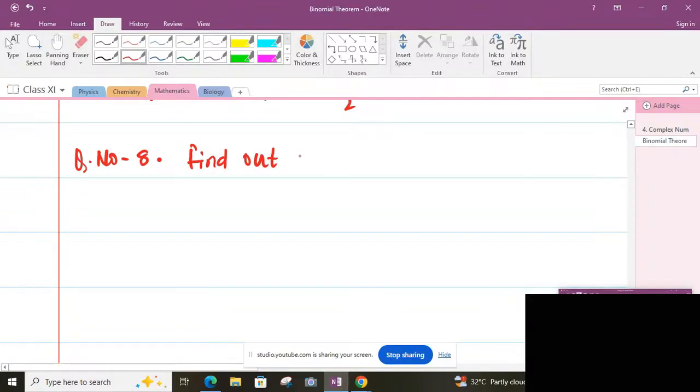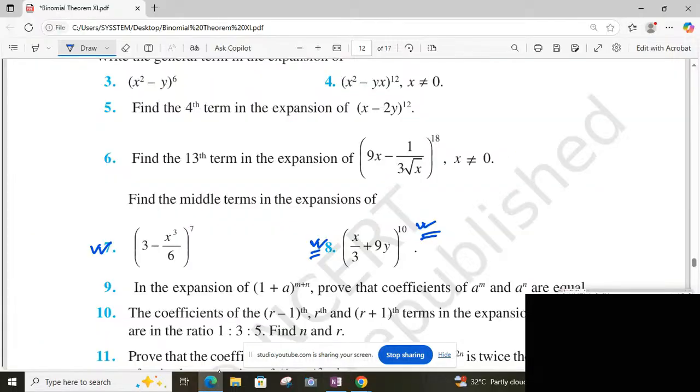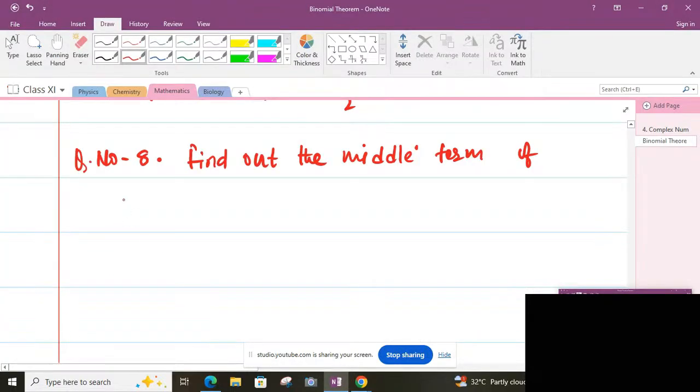Find out the middle term of, let's see the question here, (x by 3 plus 9y) to the power 10. Let's see the solution.